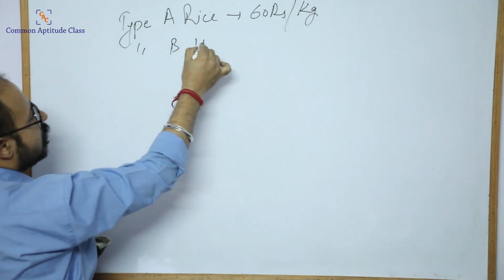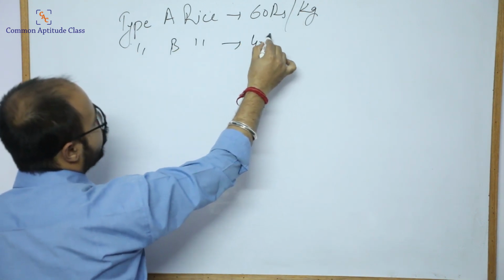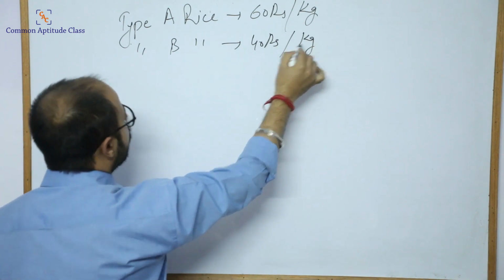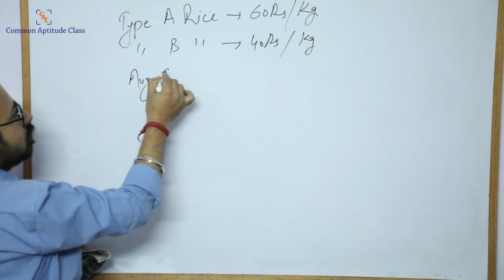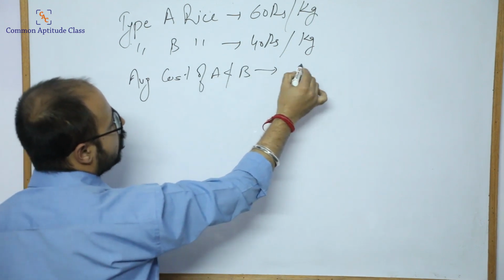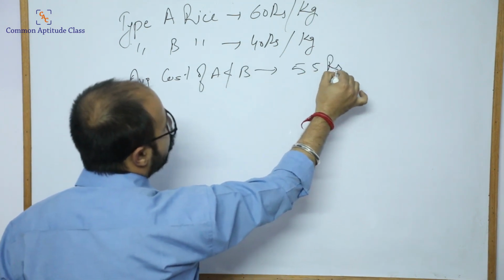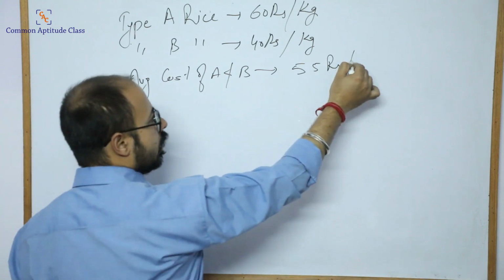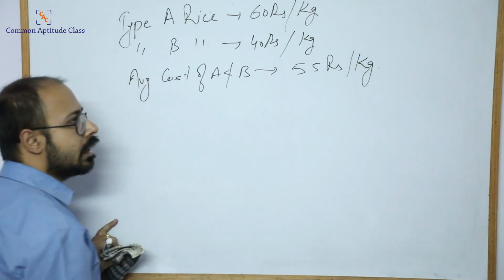Type B rice costs me 40 rupees per kg. The average cost of A and B is 55 rupees. Find the ratio in which I bought type A to type B rice.